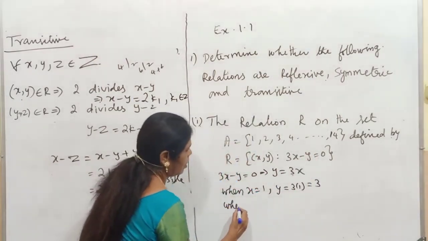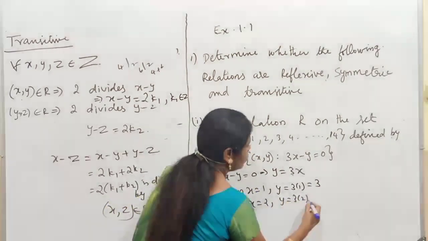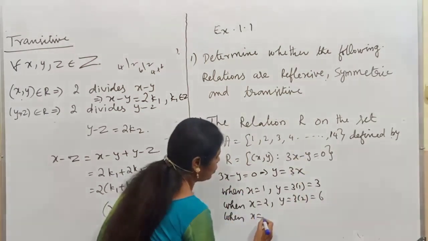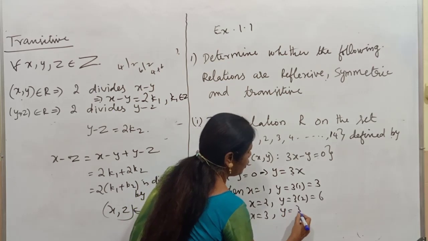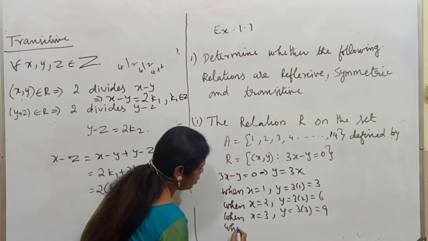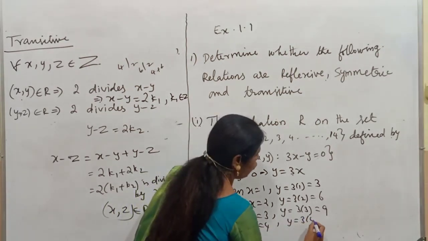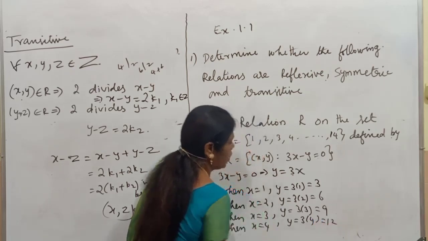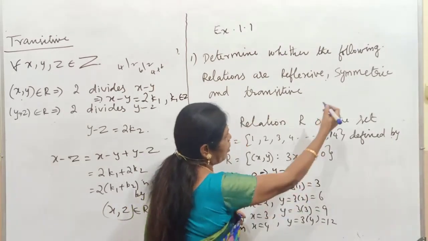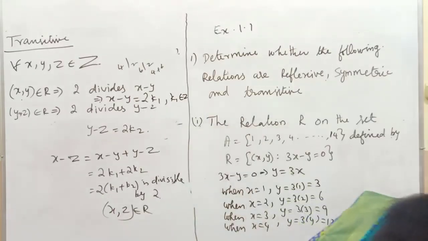When x is equal to 2, y equal to 6. When x is equal to 3, y equal to 3 into 3, that is 9. When x is equal to 4, y equal to 3 into 4, that is 12. If I take x is equal to 5, y will become 15. But we have elements up to 14 only. So we are taking only this.